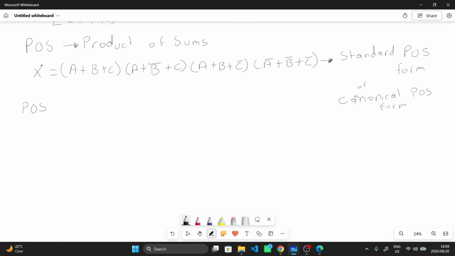So POS is opposite of SOP, meaning POS is used to indicate all the zeros or low in the truth table, right? So POS is used to indicate all the zeros in the truth table, right?